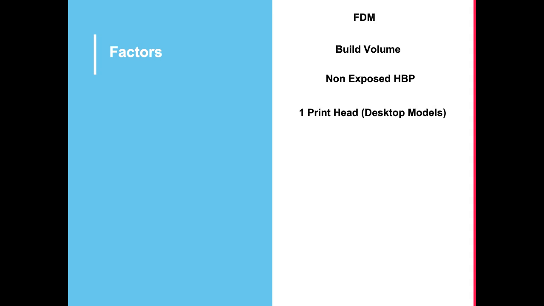So looking at 3D printers, a lot of these factors that I'm going to talk about I've learned through failure, by getting printers that ended up not working out. So, one print head. The print head is the place that the molten plastic comes out of. We've purchased ones in the past that had 2 print heads, and we were so excited we could run prints that had multiple colors.